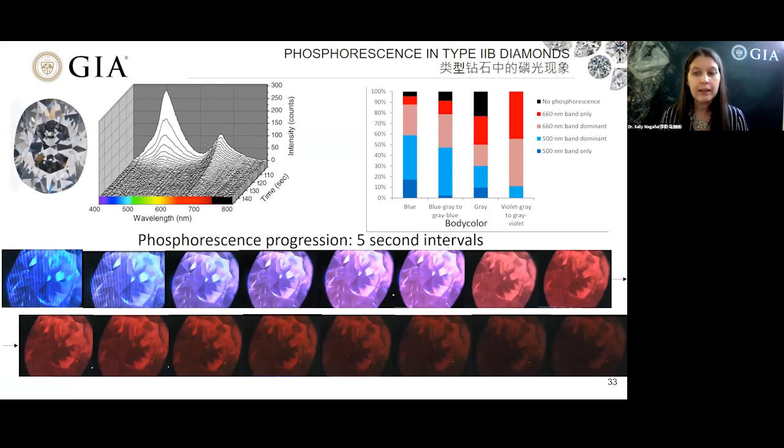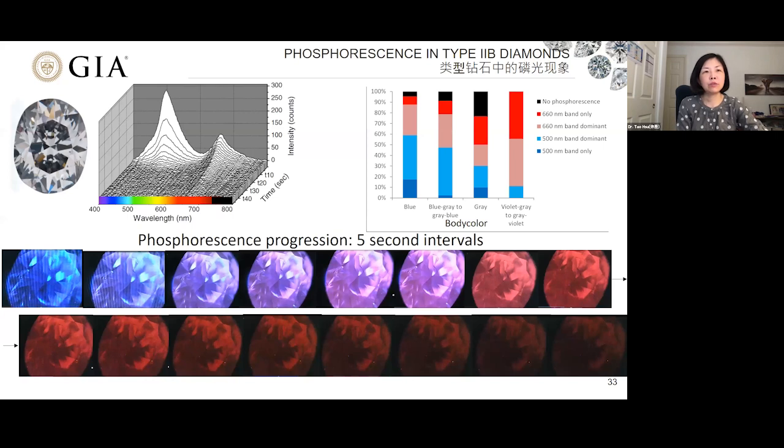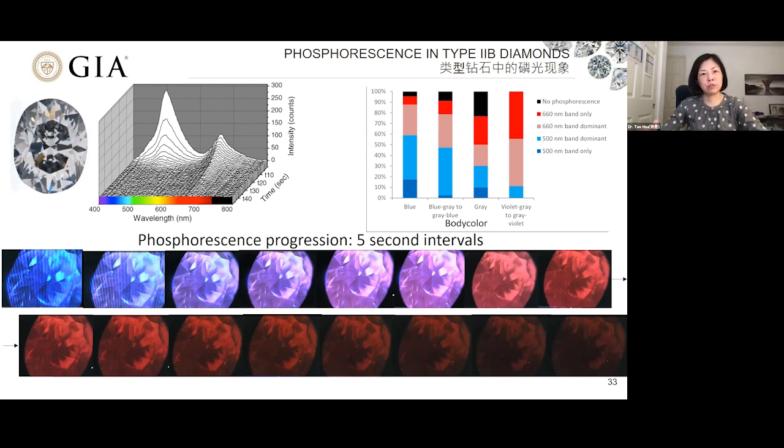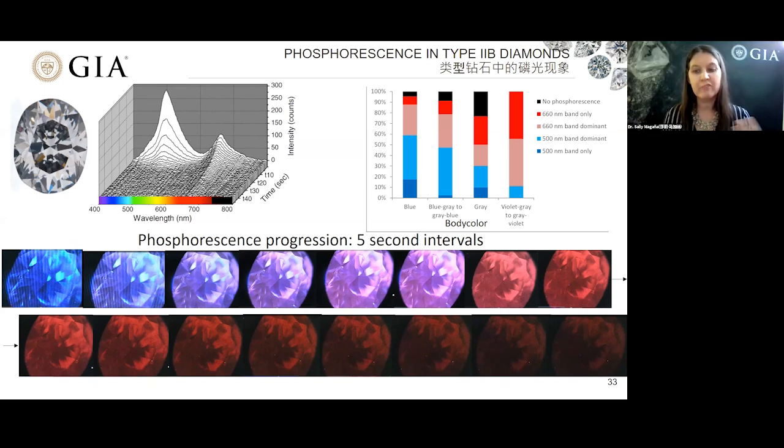That decreases quickly, and then we see the 660 nanometer band as it decays away. 还有一些蓝钻更有意思，2种灵光都有，既有500纳米左右的蓝色灵光，又有660的红色，而且它俩出现的时间不太一样。像这颗钻石，一开始是蓝色占优，蓝色那边的峰特别高，随着时间推移，蓝色的峰越来越小，红色的峰占优了，所以一开始看到蓝色的灵光，过一会儿看到的是红色的灵光。The upper right plot shows a comparison of body color of the type 2B diamonds versus the detected phosphorescence.